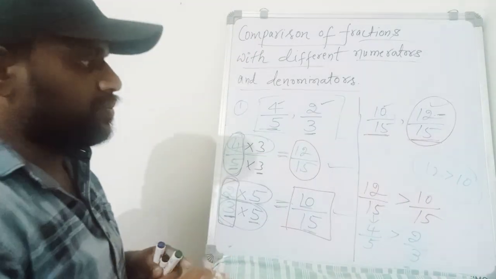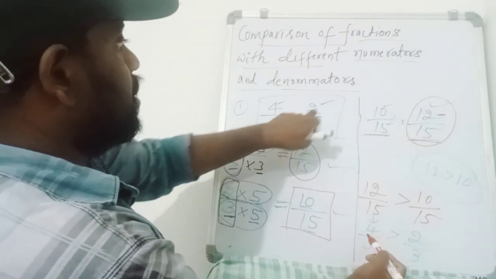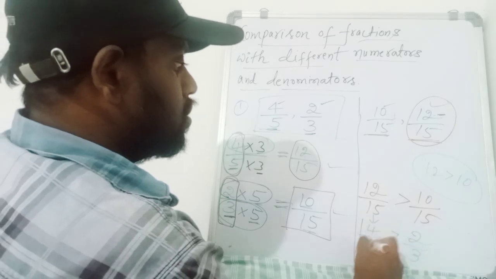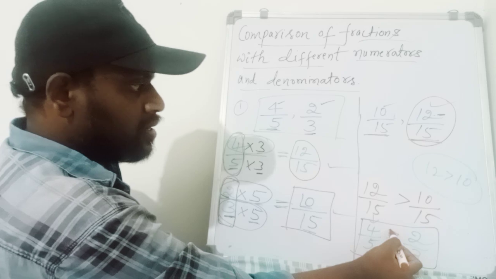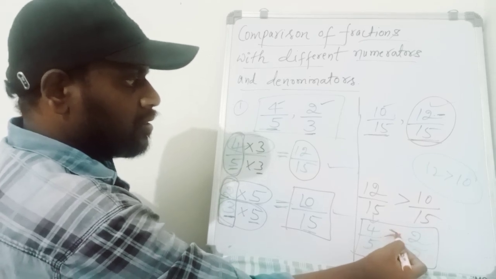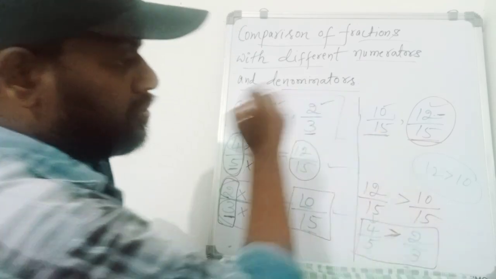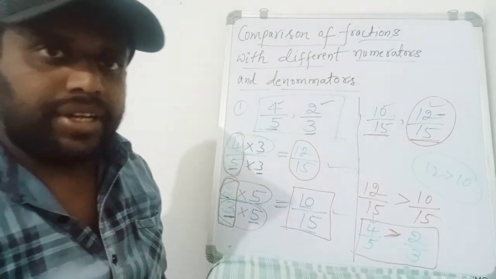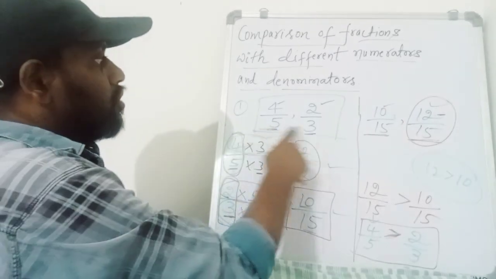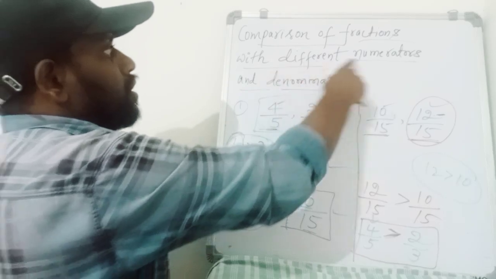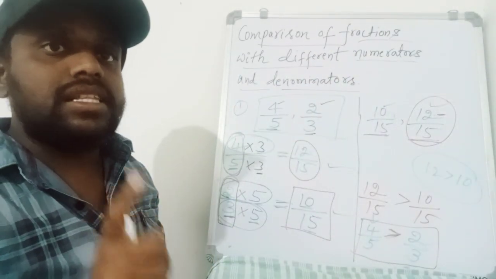So given fractions are 4 by 5, 2 by 3. 4 by 5 is greater. This is the greater than symbol. 4 by 5 is greater than 2 by 3. You got it? This is how the third method of comparing the given fractions with different numerators and denominators by using the concept of LCM.